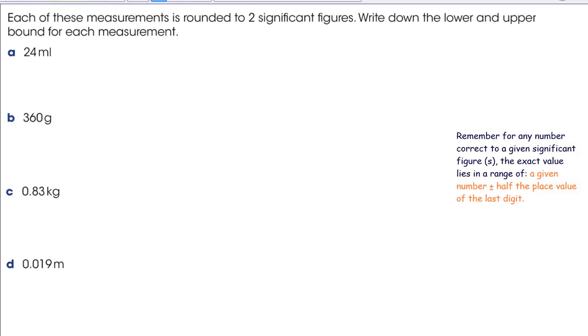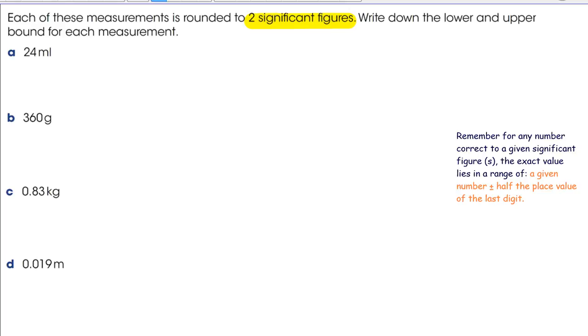Each of these measurements is rounded off to two significant figures. Write down the lower and upper bounds for each measurement. So again, it's the same process.